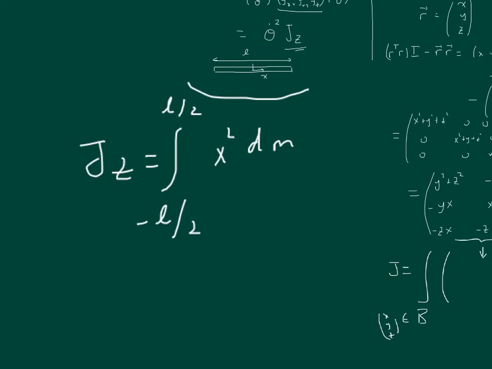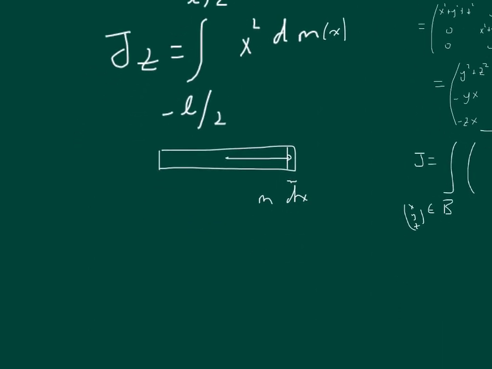We'll assume that the mass at x, if that size is just dx, is the total mass of the system times dx.